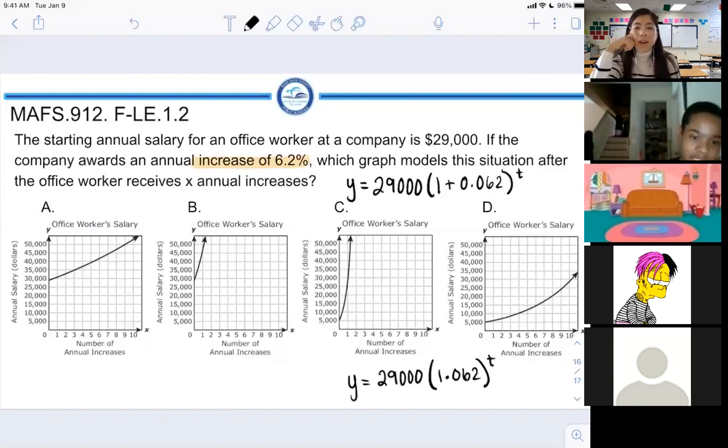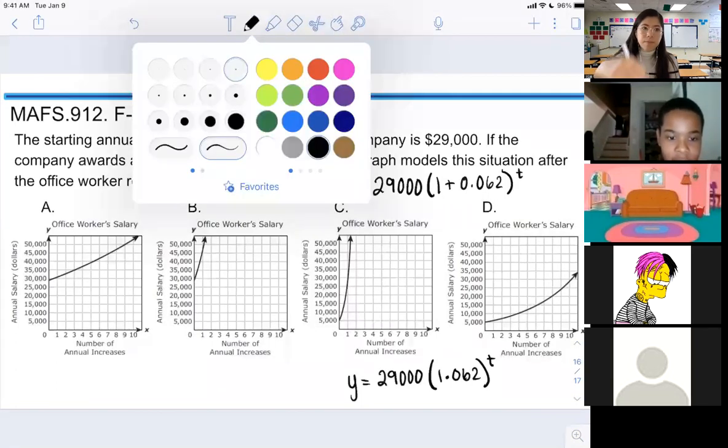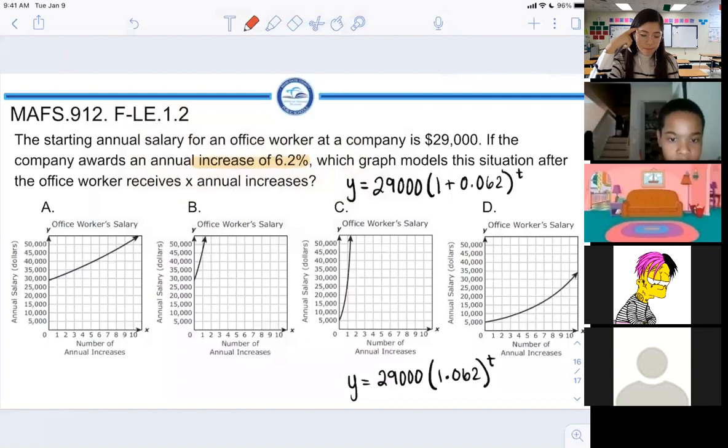So I know a couple of things. 29,000 is the what? Base, where we start off at. So can I eliminate any answer choices? C and D, good. C and D both start at 5,000, which is incorrect.